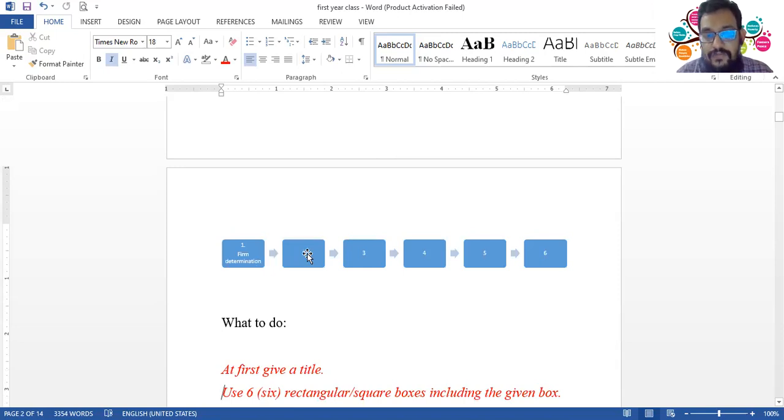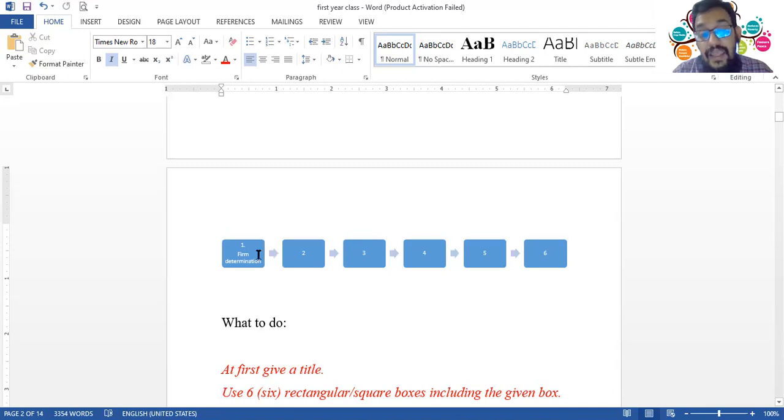That means you have to fill up the rest of the 5 boxes. The numbering will be there, and the first one will be done for you. Say here we got "firm determination." So firm determination is the cause of Mandela's success. So you have to find out the others to fill it up.